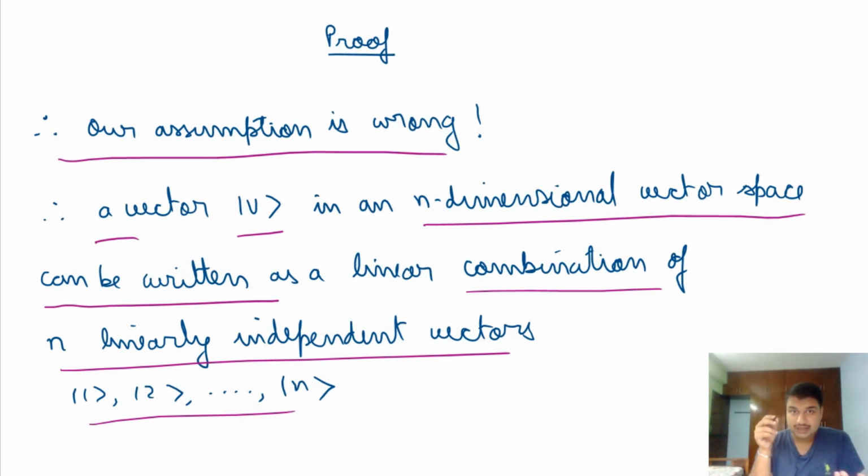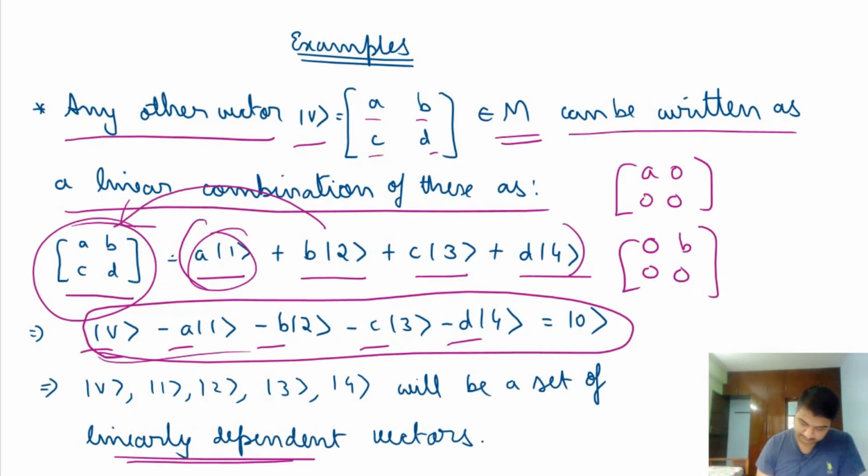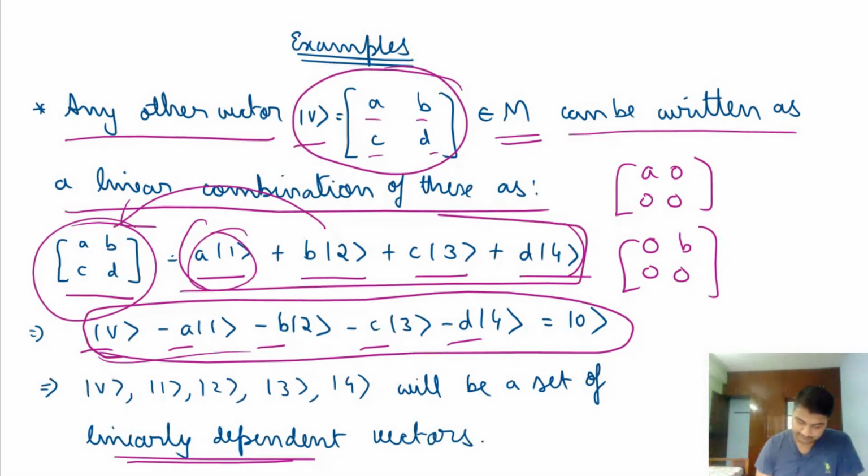We have indirectly seen this in the examples as well, where we had written the general vector. If we go back to the example of matrices, we had written a general vector v as a linear combination of the 4 linearly independent vectors, because in this case the dimension was 4, so it is possible to write this. If you go through the example once again, the theorem will be more clear to you.